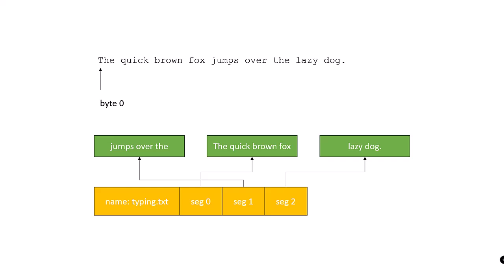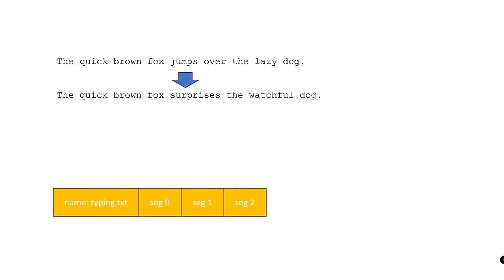They don't have to be recorded in a single string as they appear to be to the user. The file system manages access to this data such that the characters come out in the order in which the user expects them. This distinction between the data and how it's stored on the device makes it easier to modify the file. In this case, we change several characters in the string from the quick brown fox jumps over the lazy dog to the quick brown fox surprises the watchful dog.